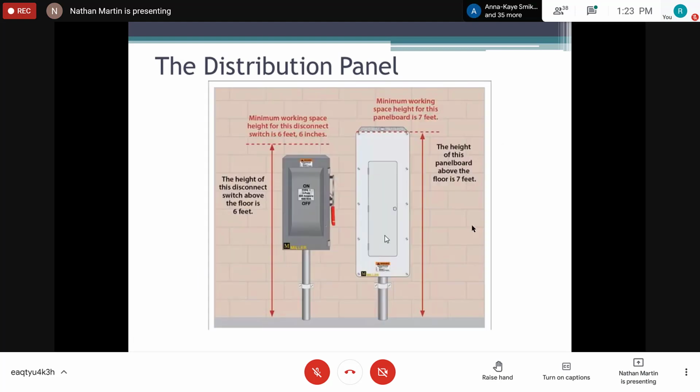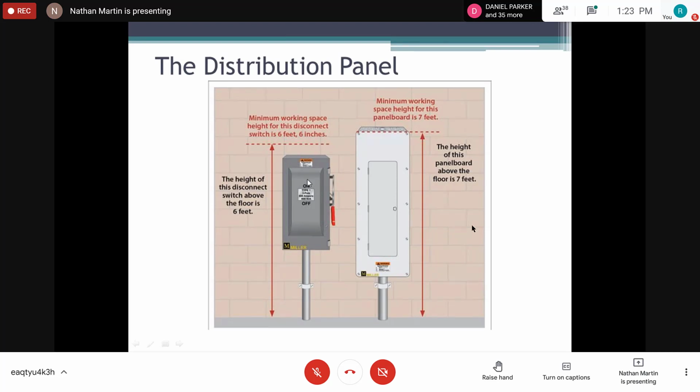All right, we're talking about panel mounting height. We talk about this disconnect enclosure, 6 feet 6 inches, right? That should be your minimum working space above it.